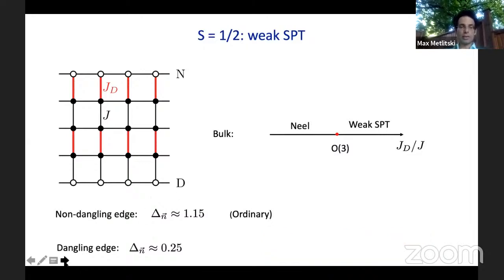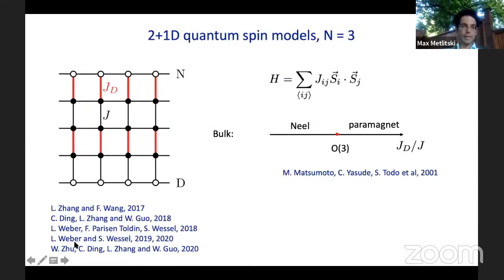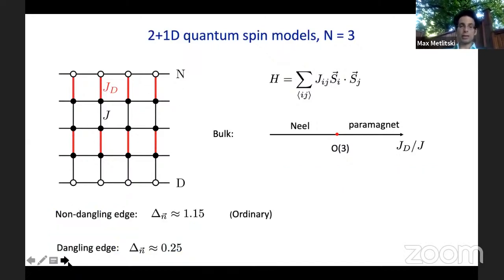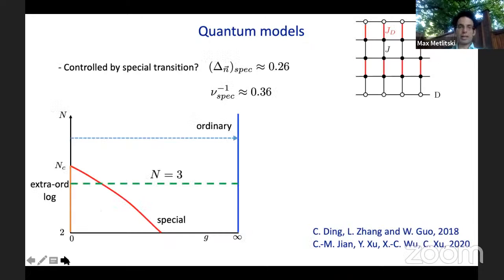You have all these different models with s equal 1/2, s equal 1. People also studied different geometries. Some of these papers had a geometry different from this rectangular lattice geometry, and all of them seem to see the same dangling edge exponent without tuning anything on the edge. So this is the real puzzle, and to me it's still surprising.